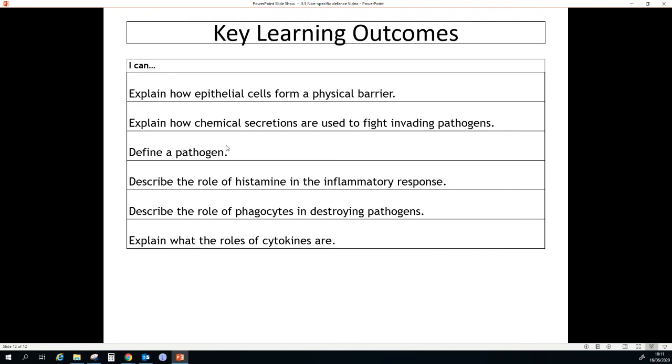We know that pathogens are just anything, a bacteria, a fungi, a virus, a prion, that can cause a disease or infection. We know histamines and their role in the inflammatory response: they're released by the mast cells, and they encourage vasodilation, increase permeability of the capillaries, and the clotting elements to go to the site.